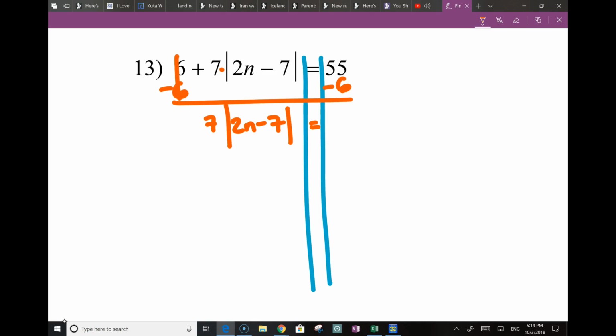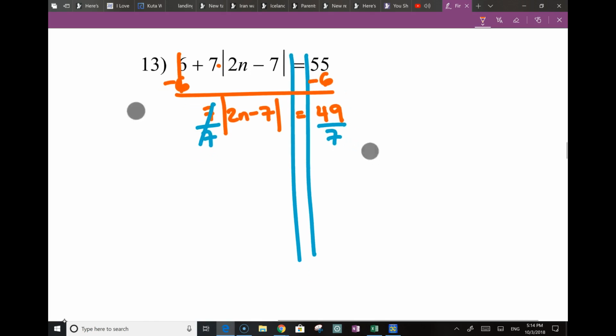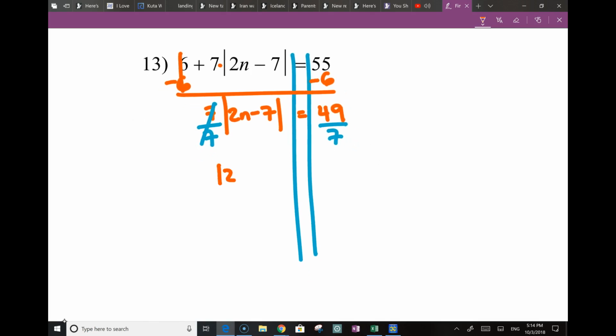And then on the right side you get 49. Now, I want to get rid of that 7. So the way to do that is by dividing it out. So divide by 7. This goes away. And now what I'm left with is just the absolute value, which is good because now I can just focus on just this.